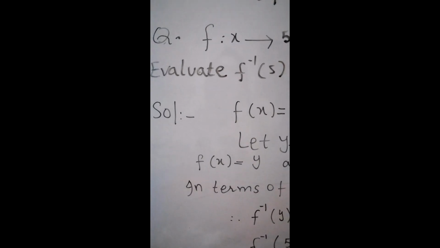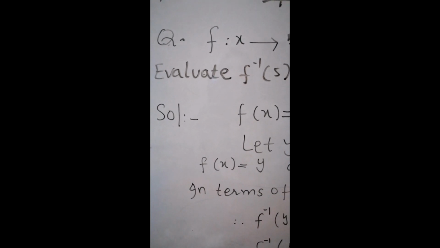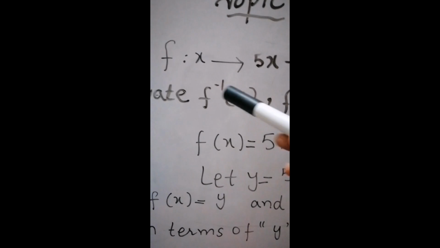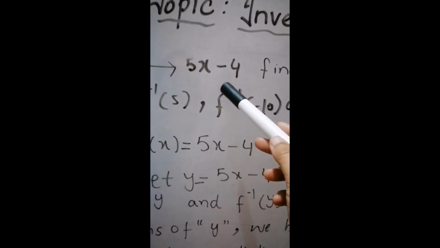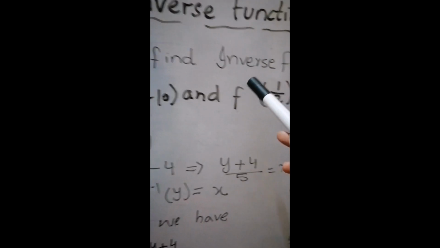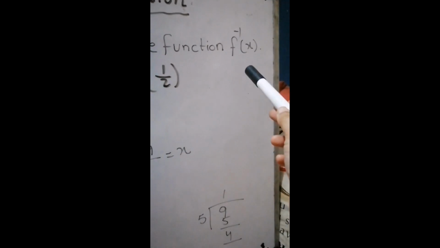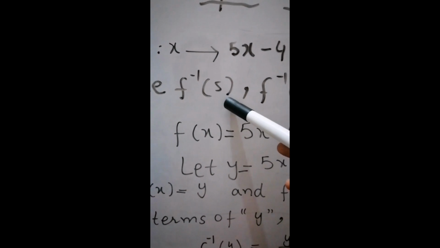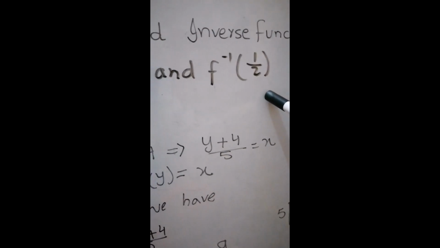Okay, my dear students, now we are going to solve the question of inverse. We have a function f of x equals 5x minus 4. Find the inverse function f inverse of x and also evaluate the inverse function at 5, minus 10 and minus 1 by 2.